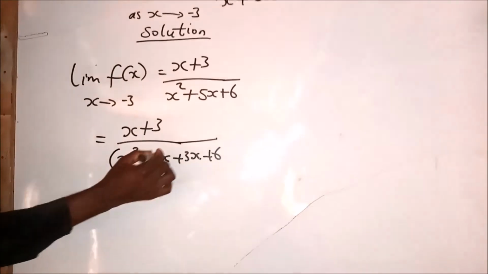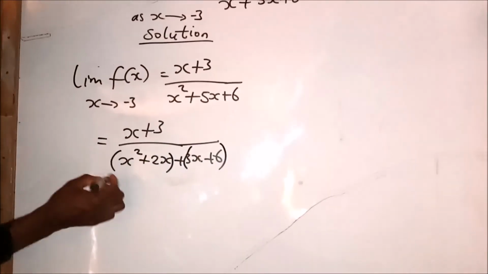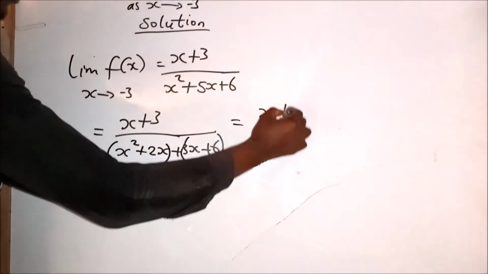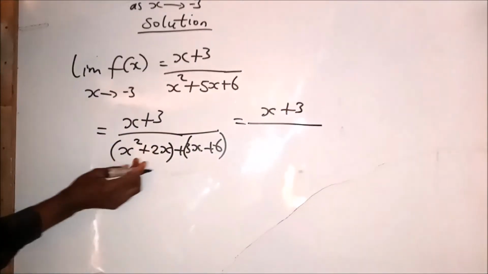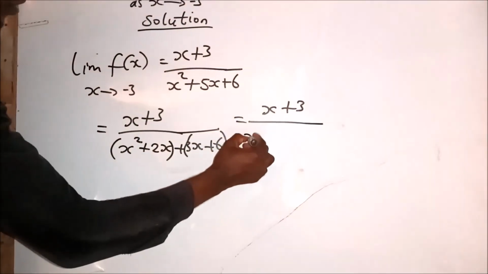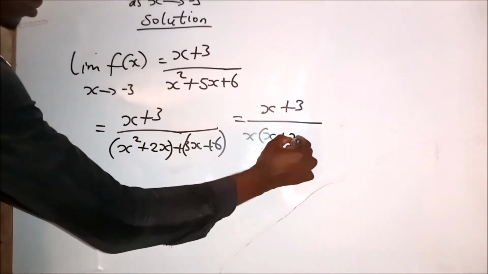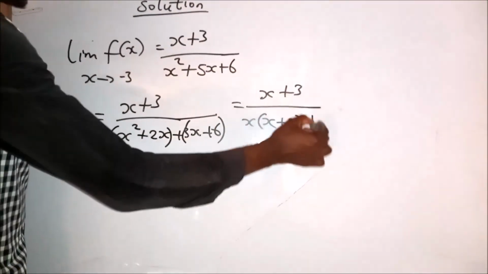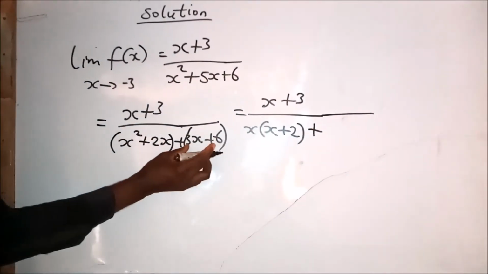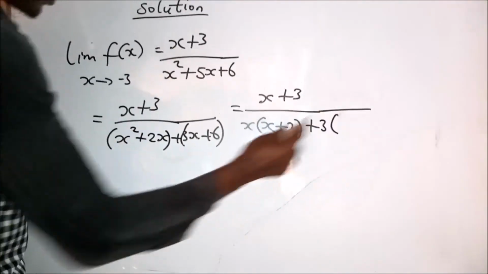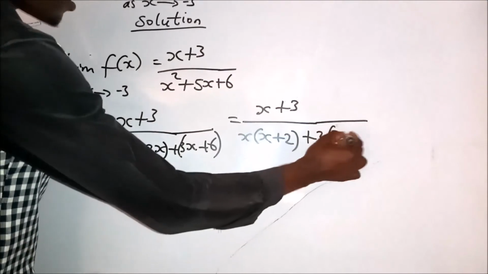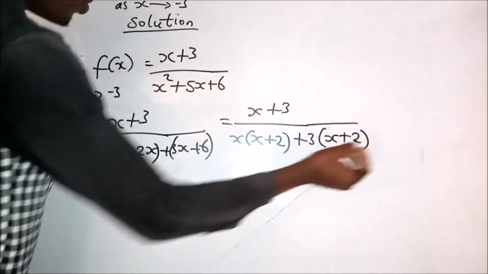So we can now factorize them, and this is going to give us x plus 3 all over. The factor here is x. We bring it out. We have x plus 2, plus the factor here is 3. We bring it out. We have x plus 2.